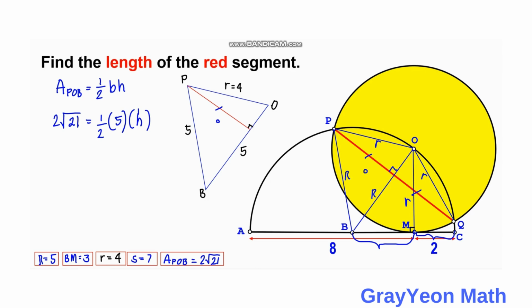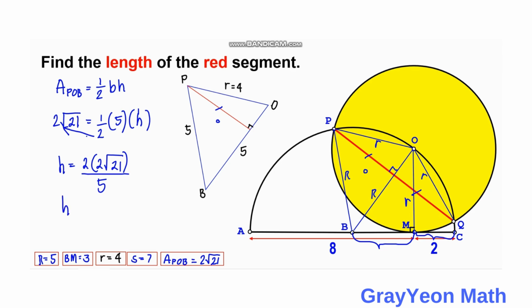If we simplify, h is equal to, we just cross multiply, 2 times 2 square root of 21 divided by 5. So we put this 2 here and this 5 in the denominator.